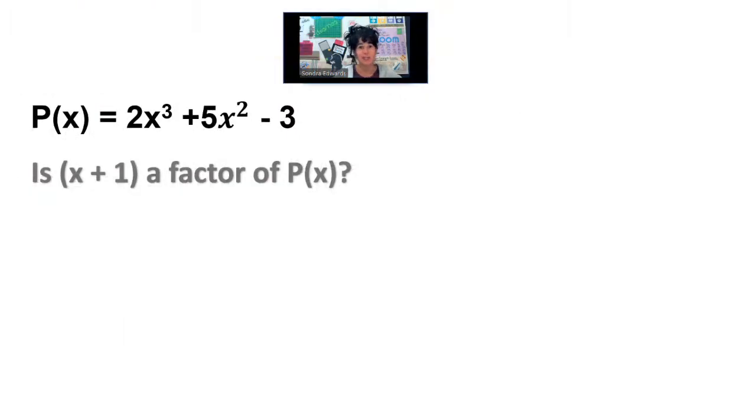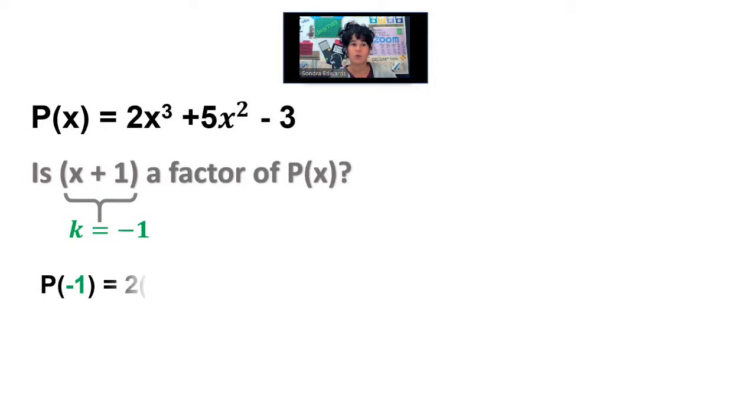So let's do one more example. We have this function p of x, and we want to know, is x plus 1 a factor of p of x? Well, I don't need to divide to decide if x plus 1 is a factor. So I determine the k value, and the k is -1. Then I simply substitute -1 into the function.